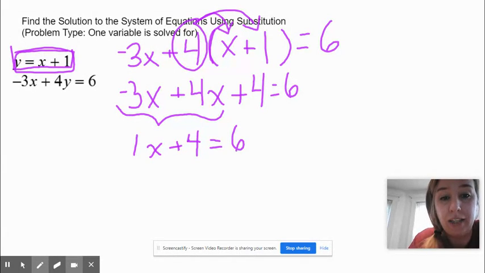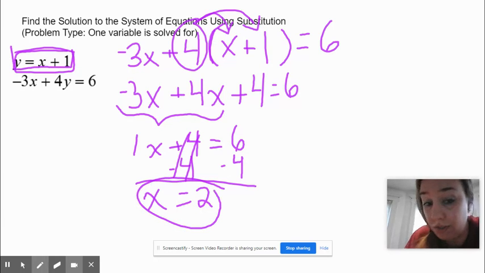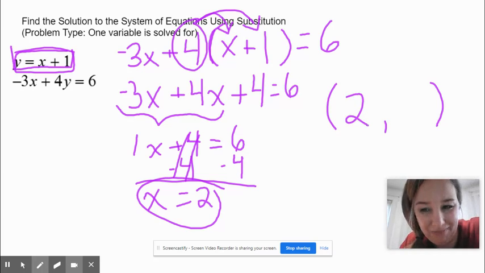So to isolate x, I'm going to subtract 4 from both sides. And 1x is really just the same as plain old x. These cancel. So that equals 2. So x is equal to 2. So most of our battle has been fought. But what's y?